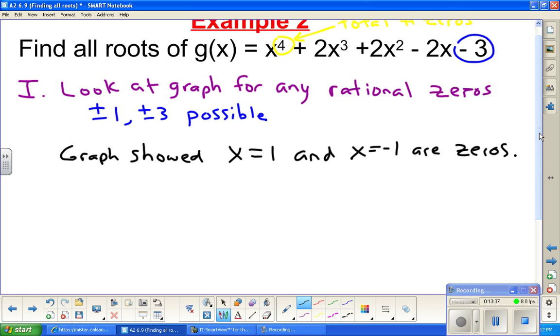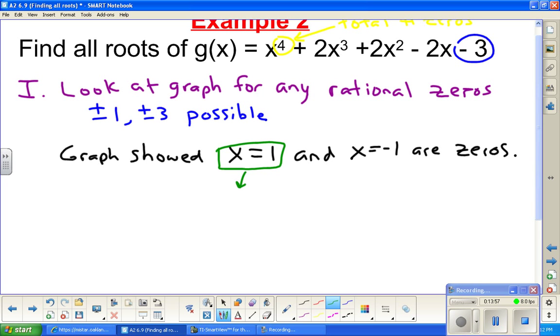The other 2, if they're not showing up on the graph, must be imaginary. So we need to find those. Here's the thought process. Think about the little recall I had you guys do a second ago. If x equals 1 is a 0, what do we know must be a factor?